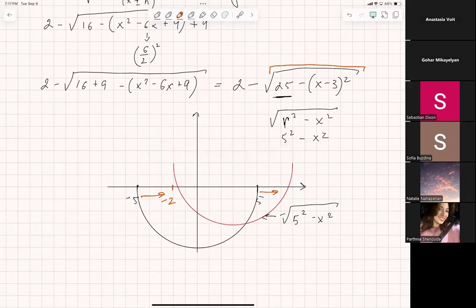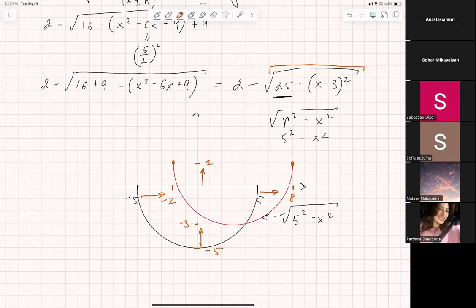Okay. And 5 units to the right, that's gonna be 8 here. So these points are -2 and 8 on the axis. Now here we had 0, right? We moved 2 units up, so that's gonna be 2. We had -5 here. Again, we moved 2 units up, so that's gonna be -3, right?